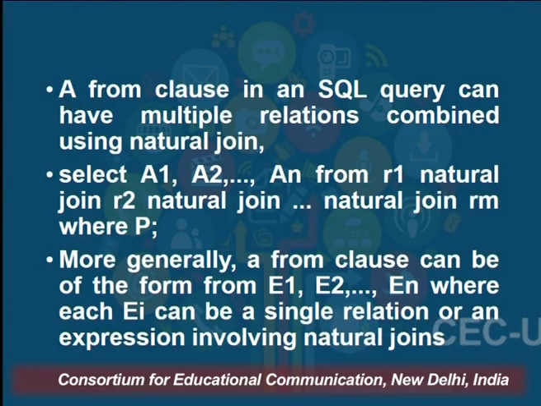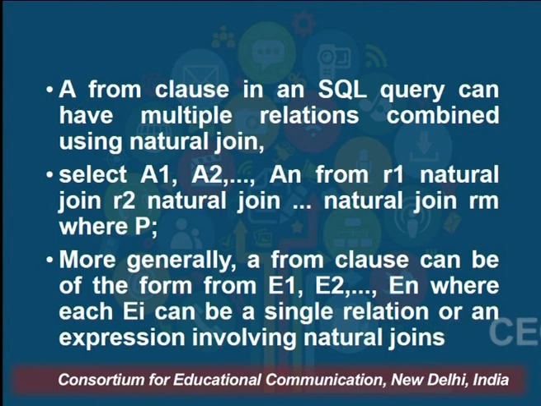When we talk about a from clause in the context of a natural join, a from clause in an SQL query can have multiple relations combined using natural join. It is not necessary that only two relations are joined using a natural join operation; there can be multiple relations, and those multiple relations can be combined in the from clause.